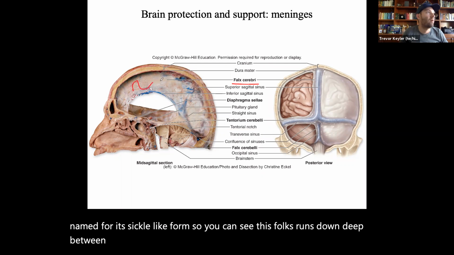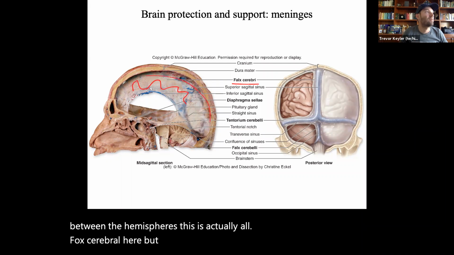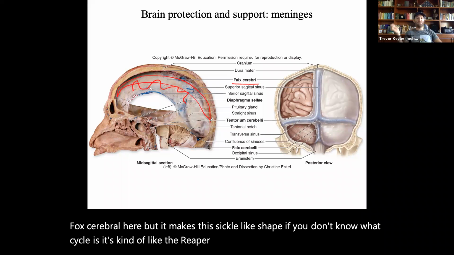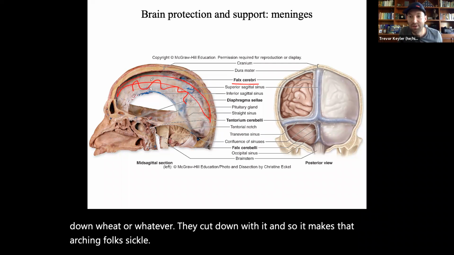This is all falx cerebri here, but it makes this sickle-like shape. If you don't know what a sickle is, it's kind of what the reaper carries, right? The blade used to scythe and cut down wheat or whatever they'd cut down with it. And so it makes that arching, sickle-like shape there.